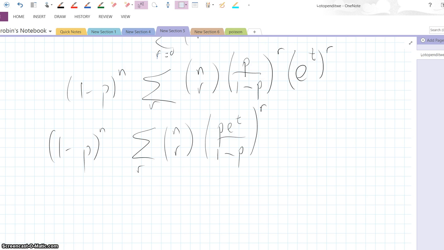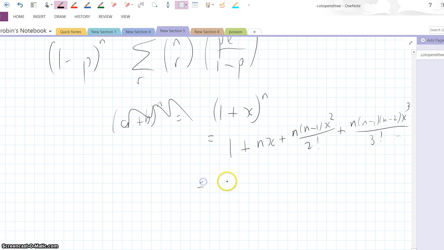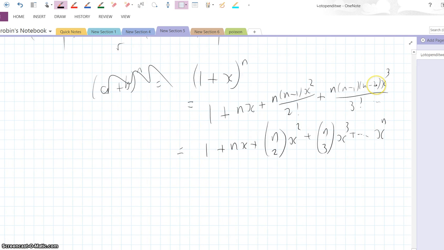I'm just going to remind you of something. 1 plus x to the power n equals, by the binomial theorem, 1 plus nx plus n times n minus 1 x squared over 2, plus n times n minus 1 times n minus 2 x cubed over 3 factorial, and so on, which equals 1 plus nx plus n choose 2 x squared plus n choose 3 x cubed and so on up to x to the n, because after that you've got n minus n and it's 0.